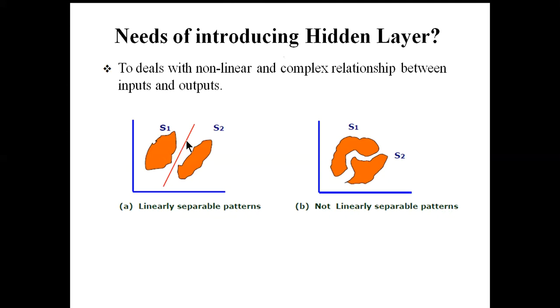Here the relationship between inputs and outputs is linear in nature. In real life, most or all of the problems are non-linear in nature, that means the relationship between inputs and outputs is non-linear.